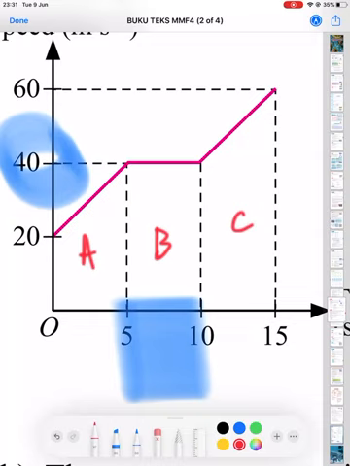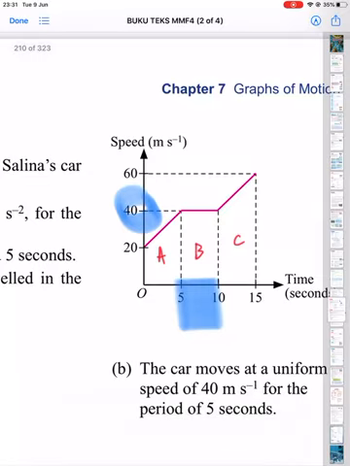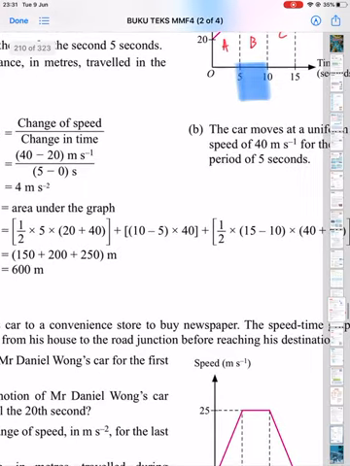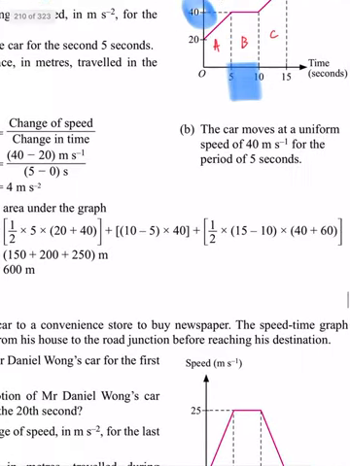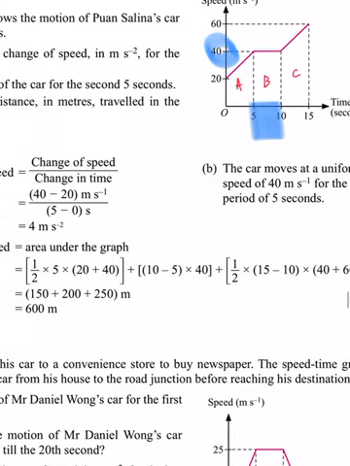You just add up the areas and then you get 600 meters. Okay, so that's all for this subtopic. Thank you guys.